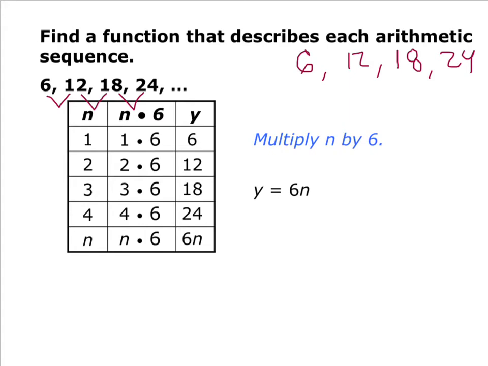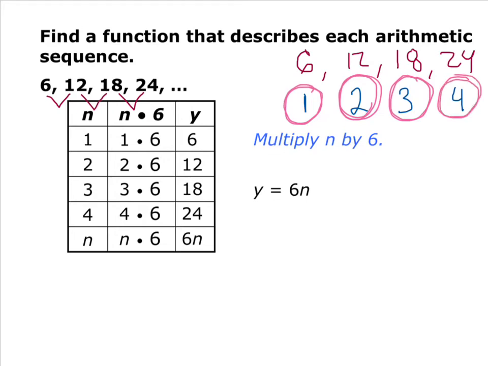For example, the 6 is actually the first, 12 is the second, 18 is the third, 24 is the fourth. So what it's asking us is, what are we doing to the number 1 to get it to equal 6? What are we doing to the number 2 to get it to equal 12? What are we doing to the 3 to get it to equal 18? What are we doing to the 4 to get it to equal 24?